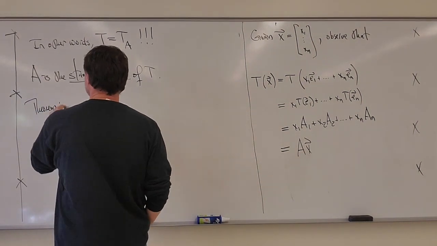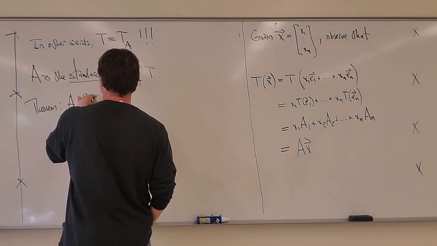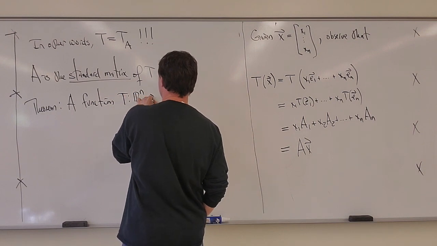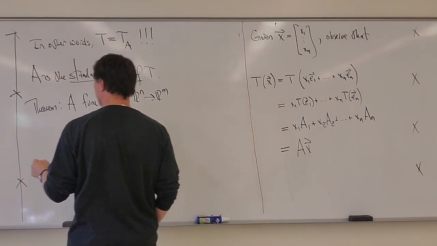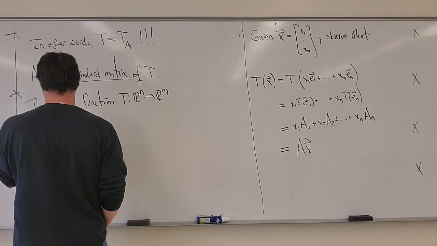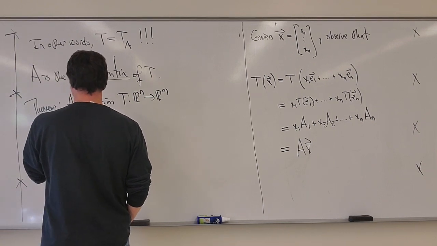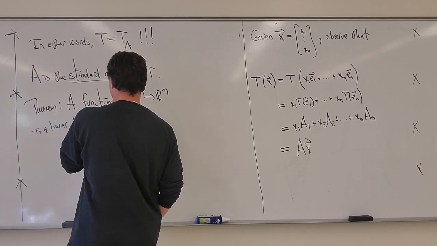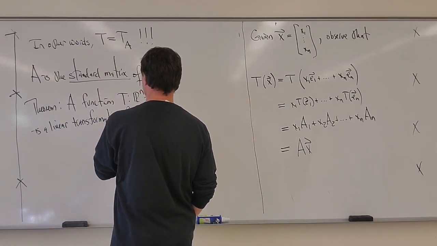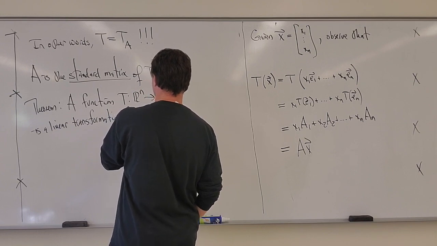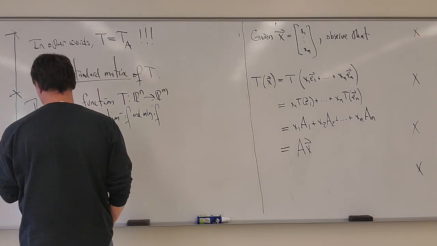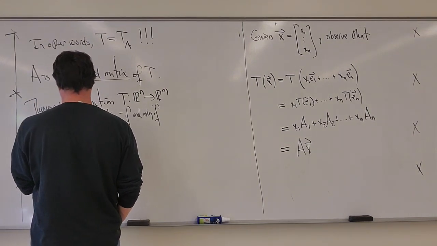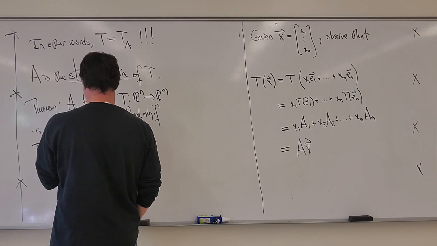So say it like this: a function capital T from Rn to Rm is a linear transformation if and only if T is a matrix transformation.